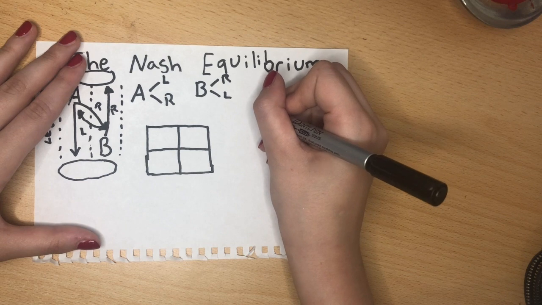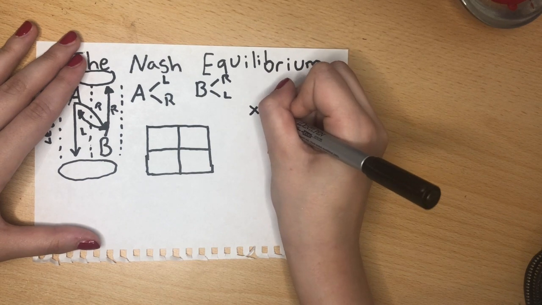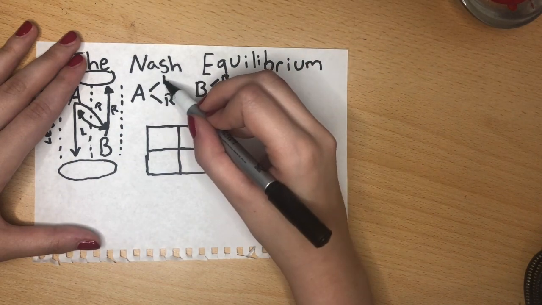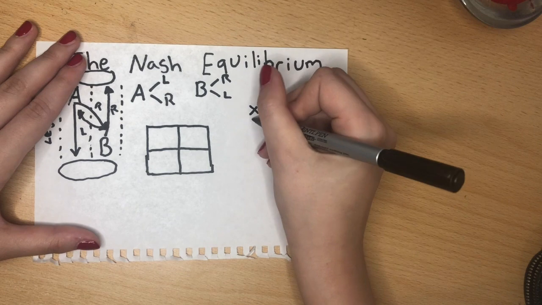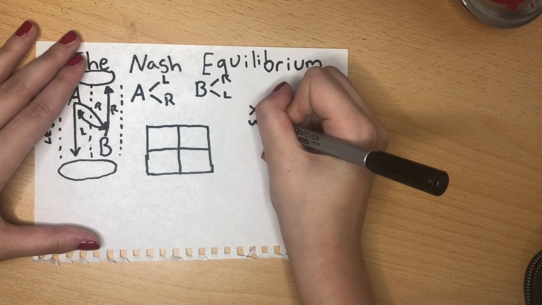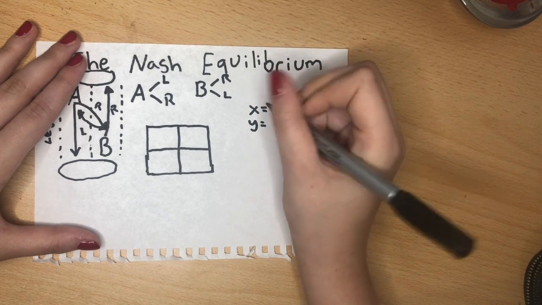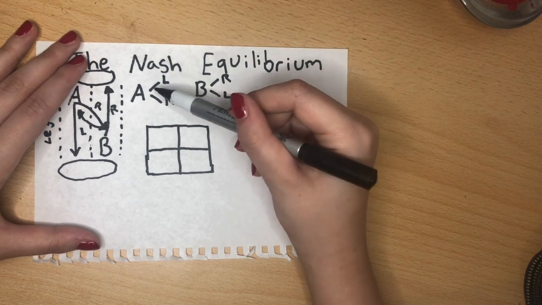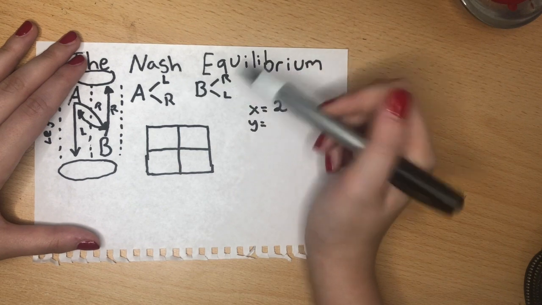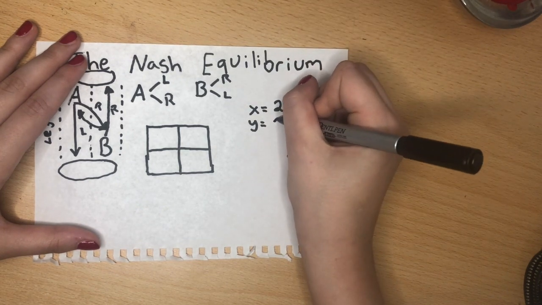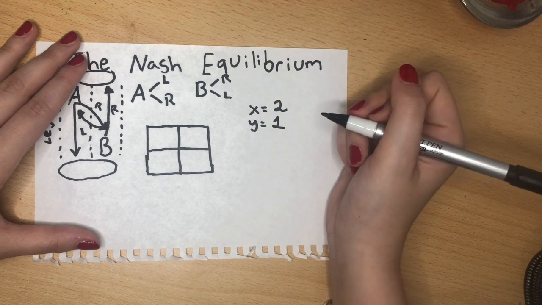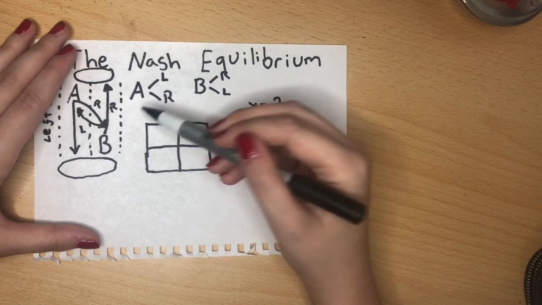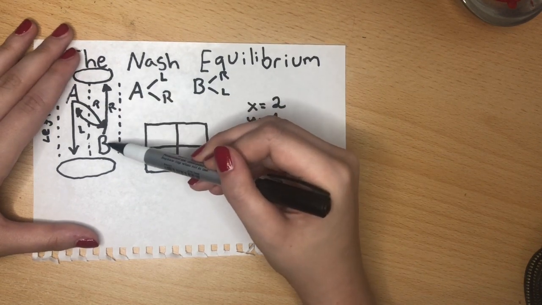We're going to say that's X, and that's going to equal 2. So the best thing that's done is if A takes left and B takes right. Then let's say there's the combination where each one has to do more work. So A takes right and B takes left. Let's give that the value of 1. Now, let's say A changes their strategy, but B doesn't.